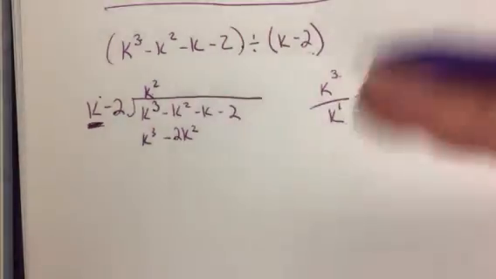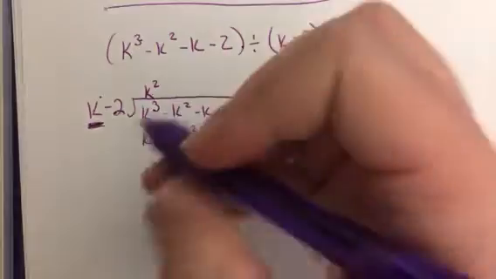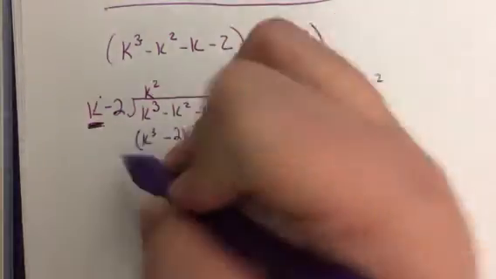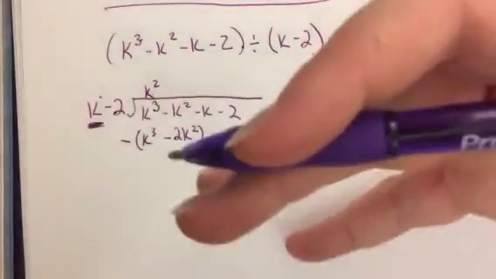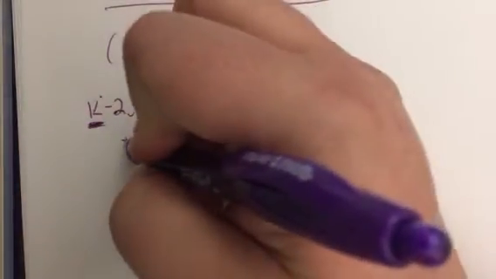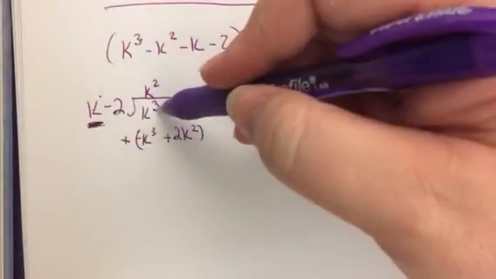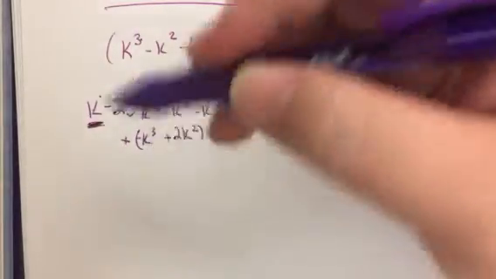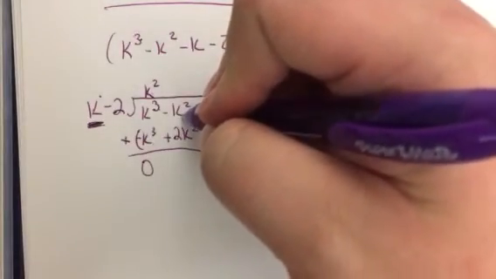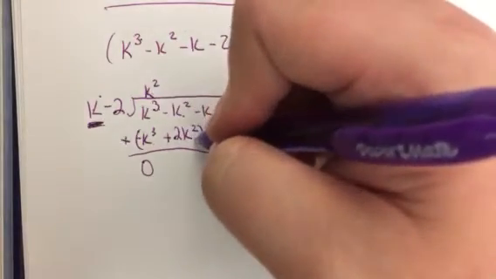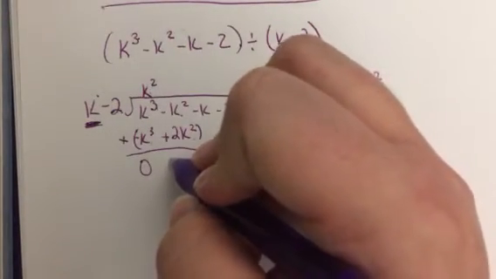Now in that long division process, you have to subtract. When you subtract a polynomial, remember the trick I showed you: change it to addition and then change your signs. So k to the third plus negative k to the third gives you 0. Negative k squared plus 2k squared gives us a positive 1k squared.